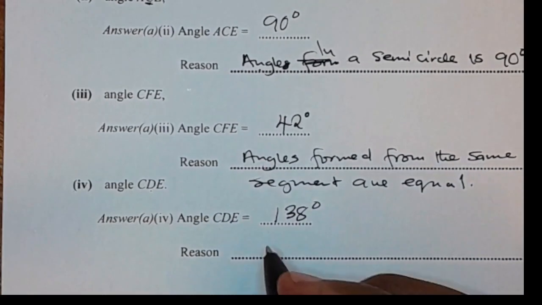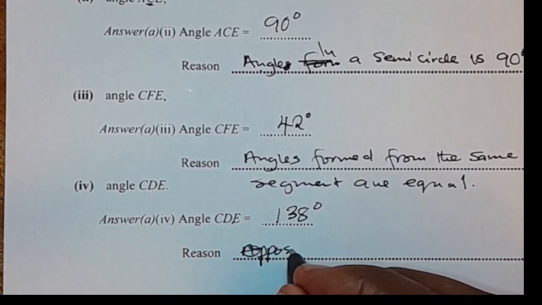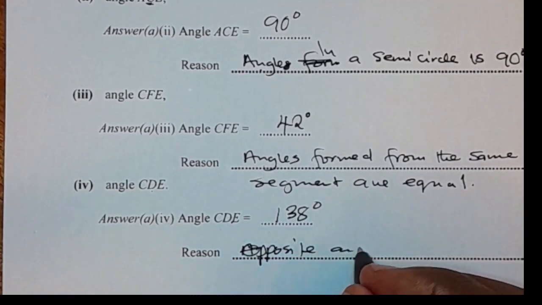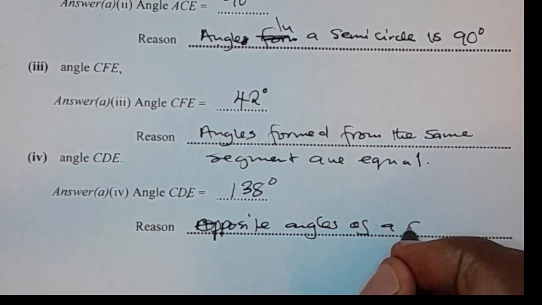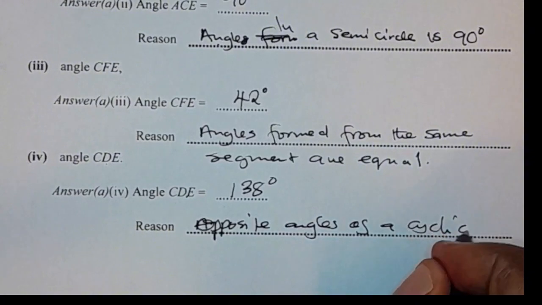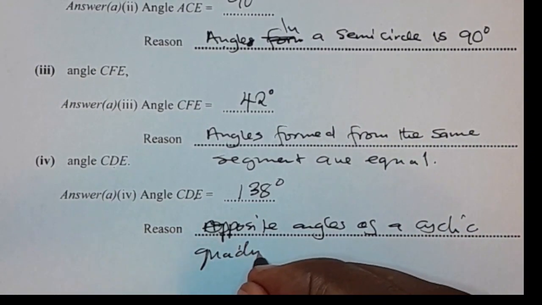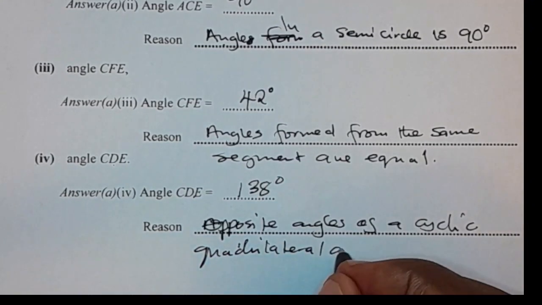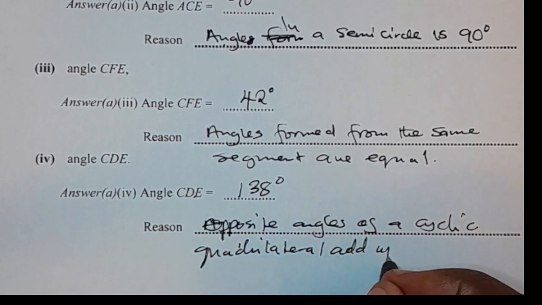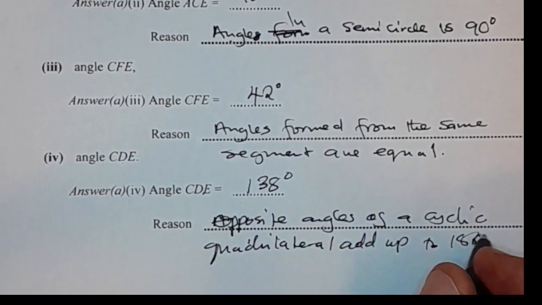Reason: opposite angles of a cyclic quadrilateral add up to 180 degrees.